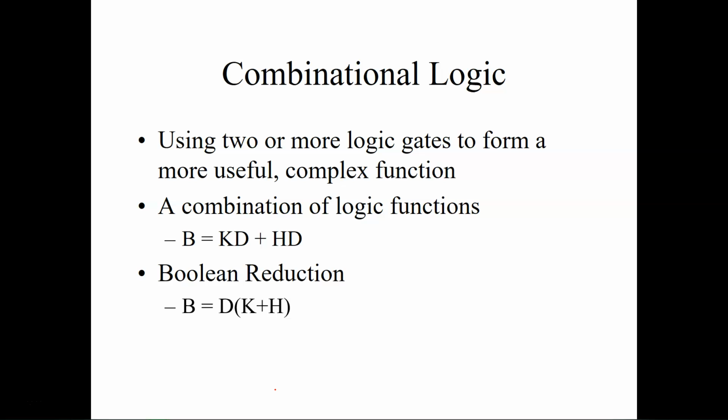So if you have a combination of logic functions, so you have B is equal to KD plus HD, the Boolean reduction is B is equal to D times the adding of K and H. Okay, let's make a little more sense of this soon.